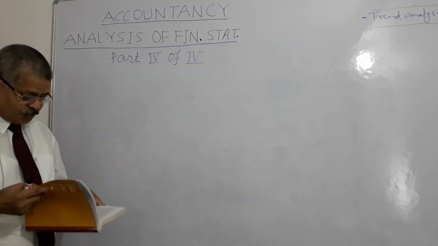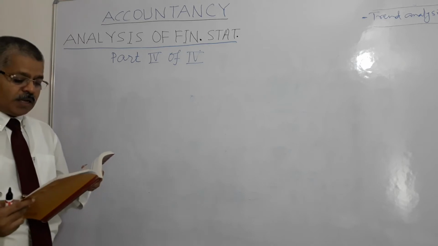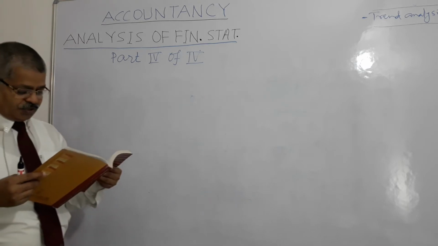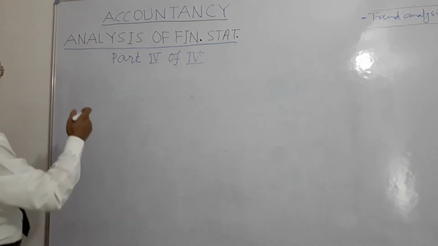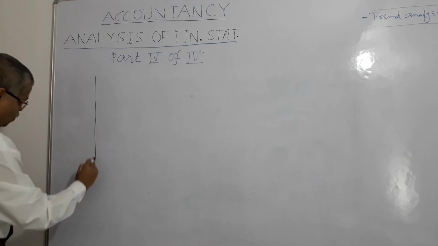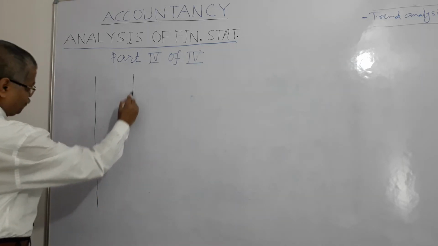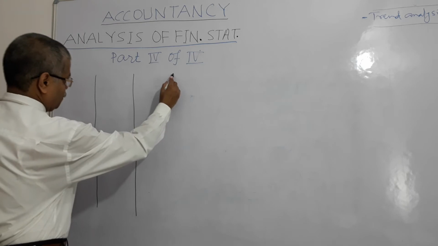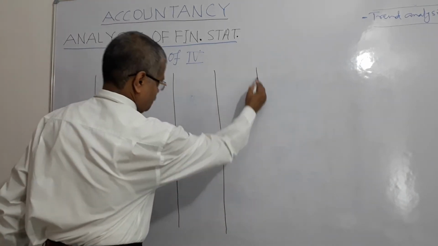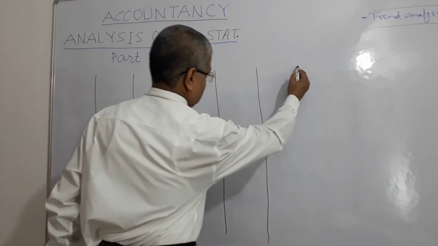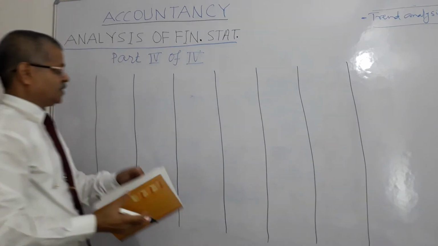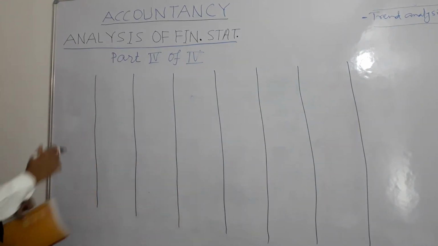So here we need to have 7 columns: 1, 2, 3, 4, 5, 6, 7.